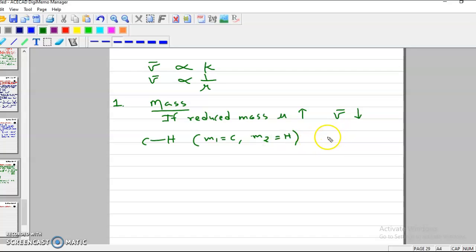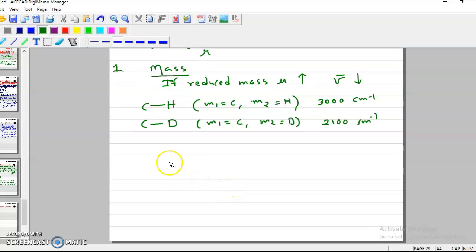Okay, and we will observe, as reduced mass is this much, according to this formula, we will find out frequency is about 3000 centimeter inverse. But if there is a bond between carbon and deuterium, where m1 is equal to carbon and m2 is equal to deuterium, which is a little bit heavier than hydrogen, then the frequency will be this at 2100 centimeter inverse.